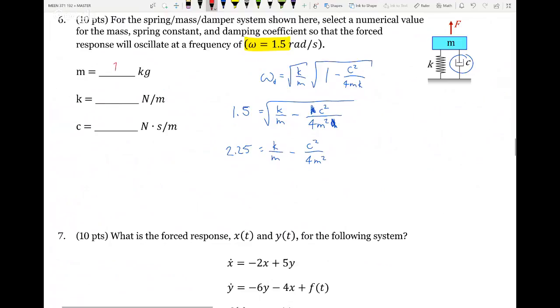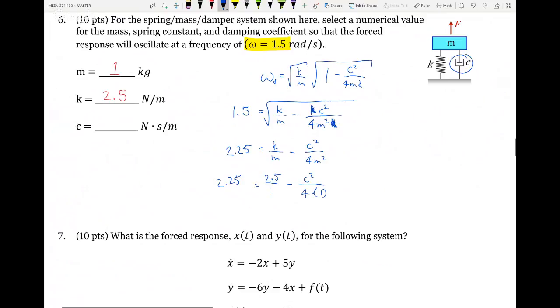If our mass here is 1 kilogram and k is 2.5, then we have 2.5 over 1, minus c squared over 4 times 1, and that's going to be 2.25.